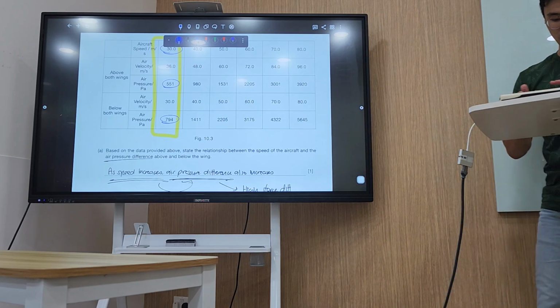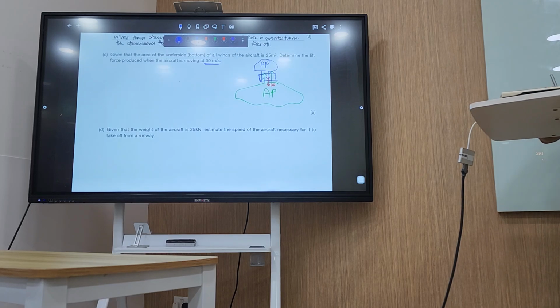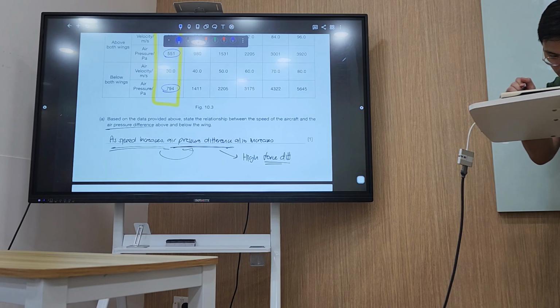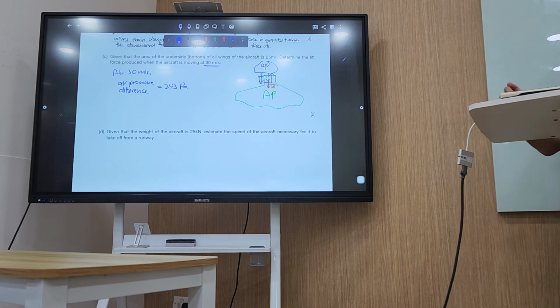The difference in the air pressure. So let's calculate at 30 meters per second. The air pressure difference is 243. Is it? 243 Pascal or kilowatt? Pascal. It's not what the question is asking for. The question was your force. Ethan, what's my next step?